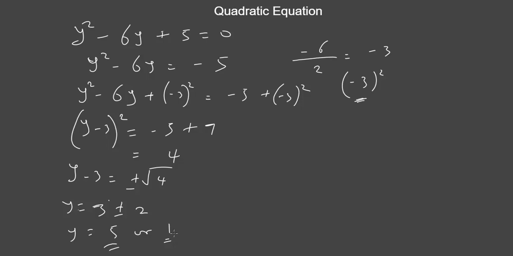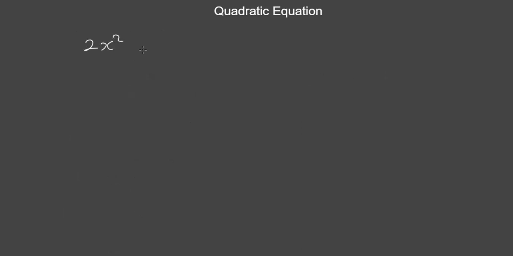So now let's solve one more question. 2x squared minus 3x minus 14 equals 0. So what's the value of x? Let's approach it this way. You take this to this side, that's 14.